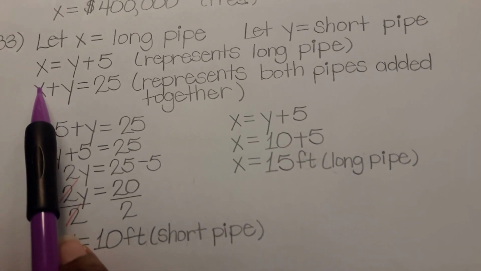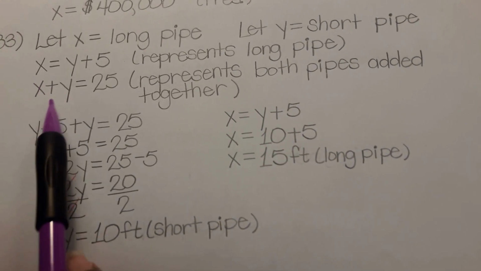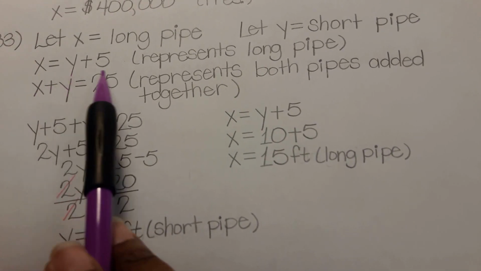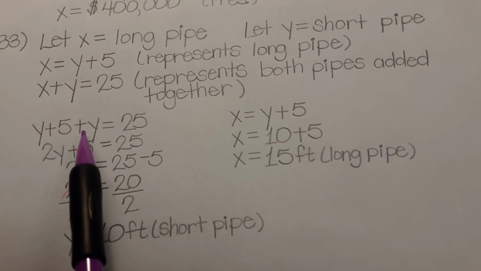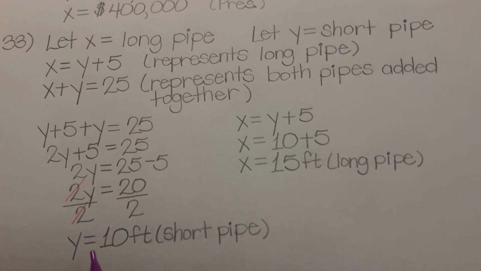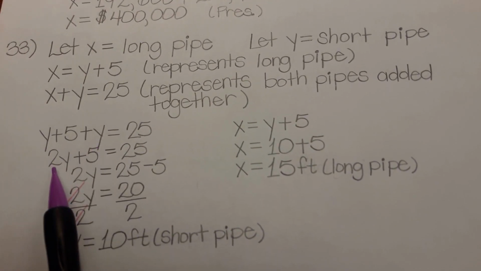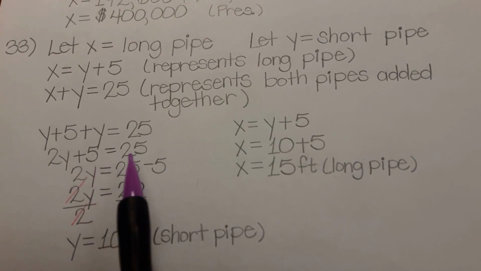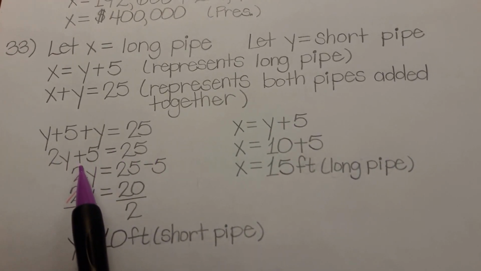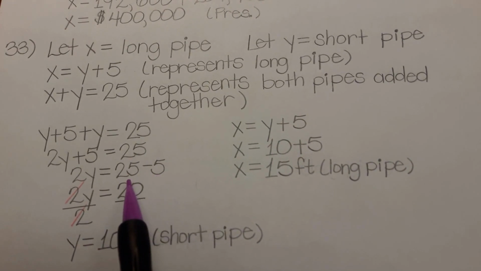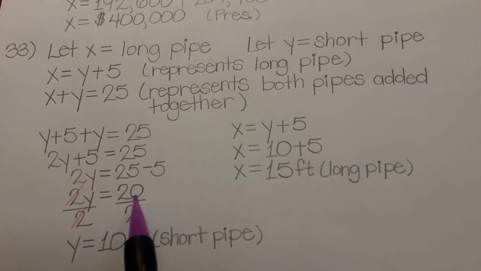Again, I see x is already isolated. So where x is, I want to substitute x with y plus 5. Bring down my plus y, bring down my equal 25. Combine like terms, so y plus y is 2y plus 5 equals 25. Subtract 5 on both sides, and 25 minus 5 is 20.